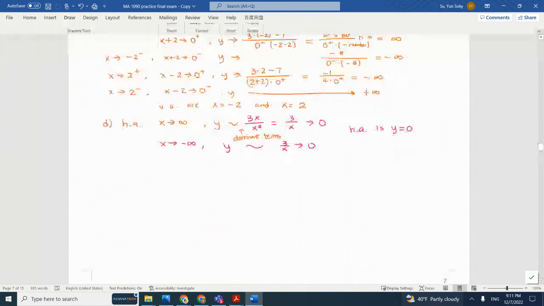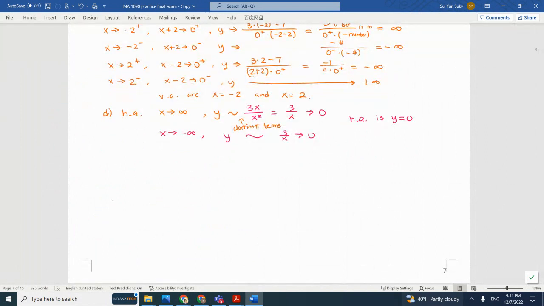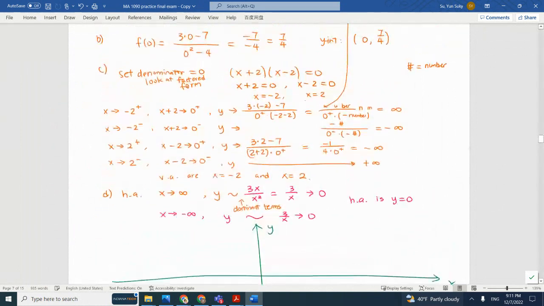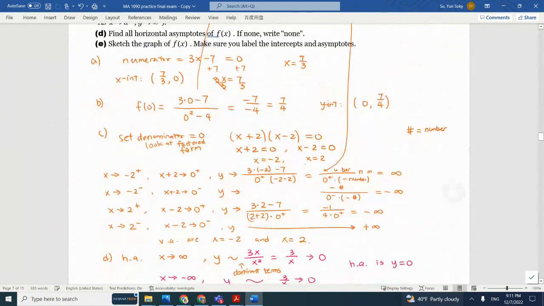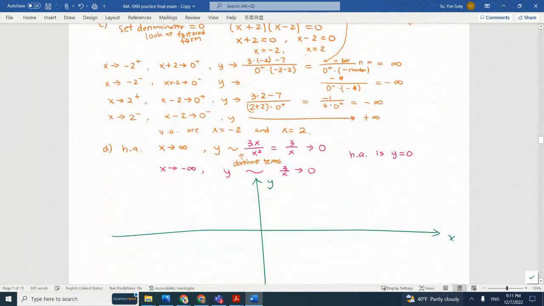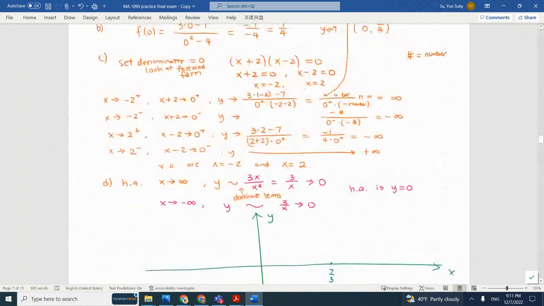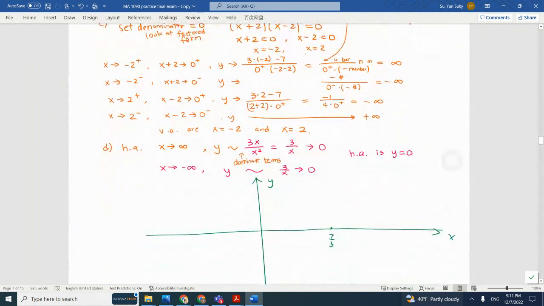We have the real number line, x-axis, y-axis. The x-intercept is (7/3, 0). The y-intercept is (0, 7/4), so let's put it here.